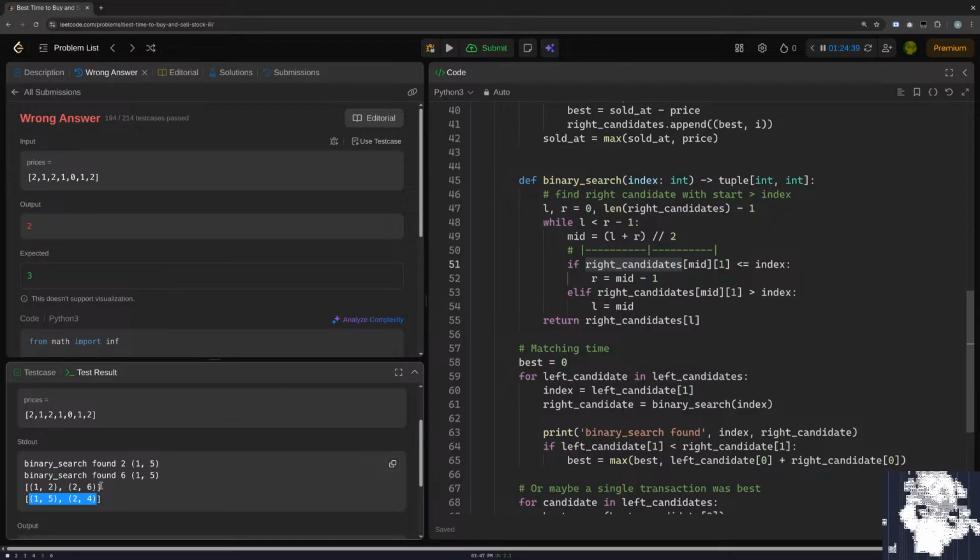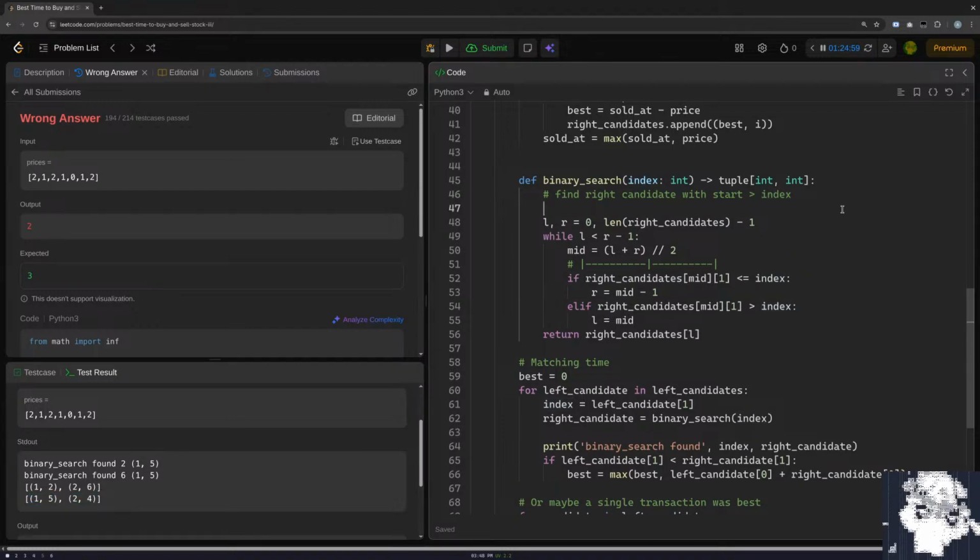So I'm trying to find the smallest left index that is greater than start. I want the smallest start that is greater than index.